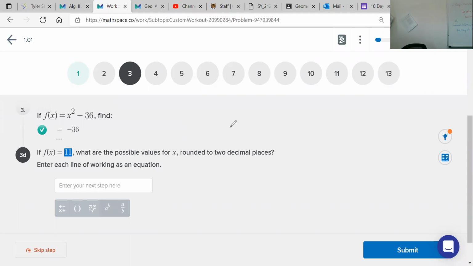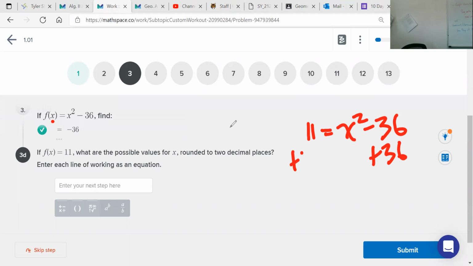So if f of x is 11, then they want to know what x is, right? Now, what are the possible values for x? You see what I did? So wherever there was an f of x, I just popped 11 in. Let's add 36 to both sides. Round that to 2 decimal places.